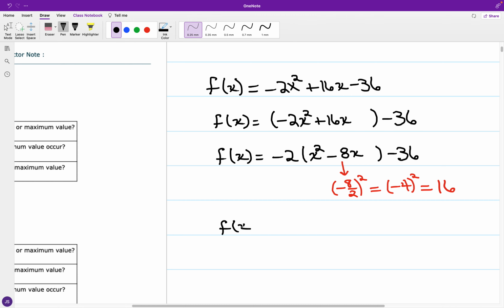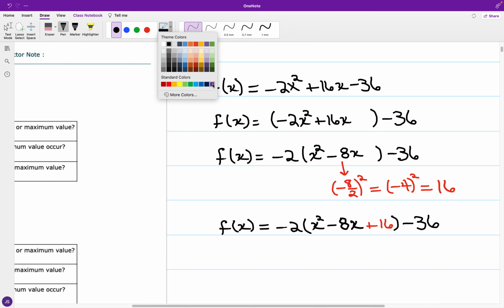inside the parentheses. So we have f of x equal to negative 2 times the quantity x squared minus 8x plus 16, and minus 36, again the constant at the end at the moment.